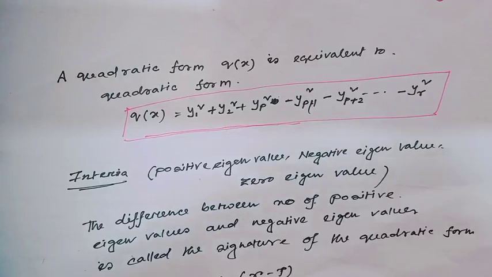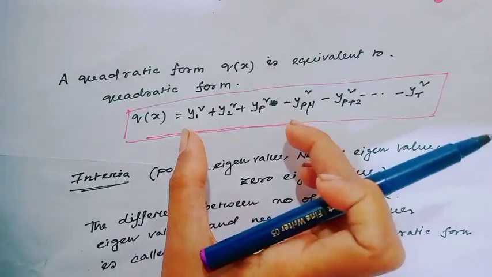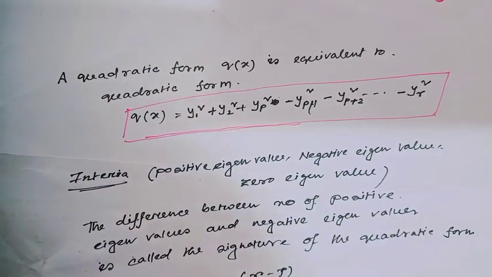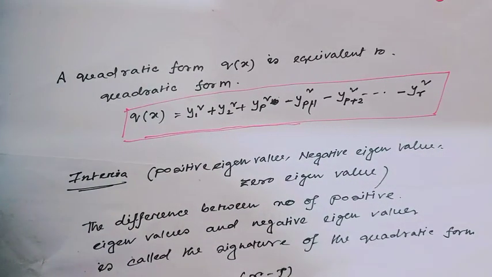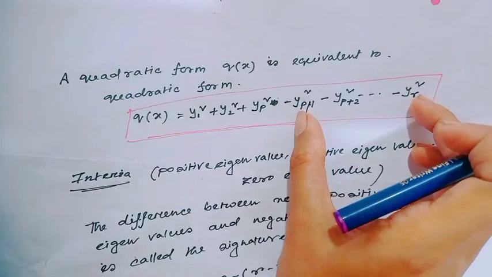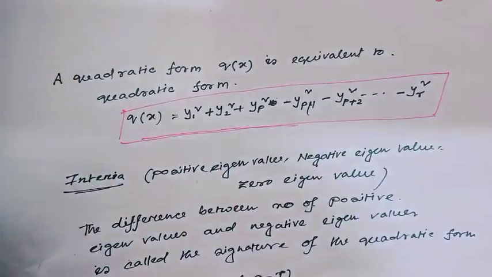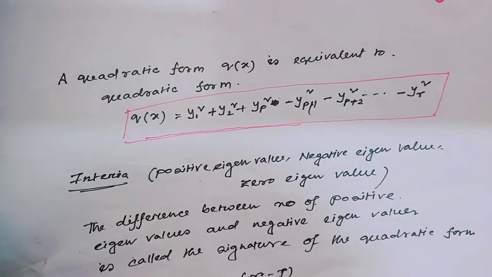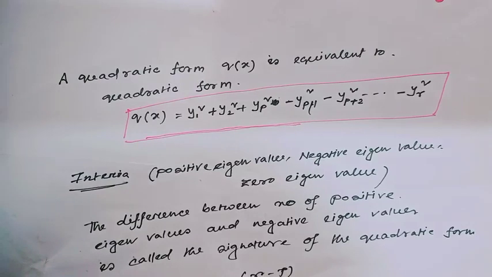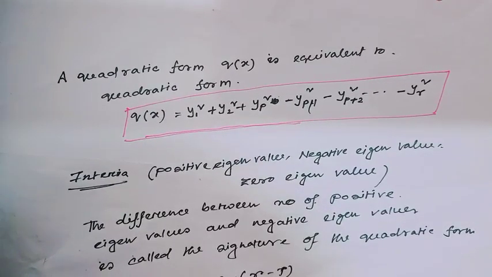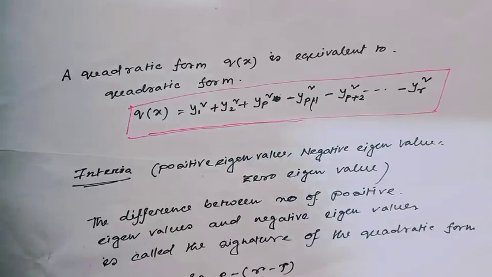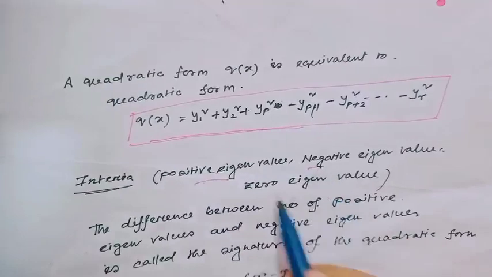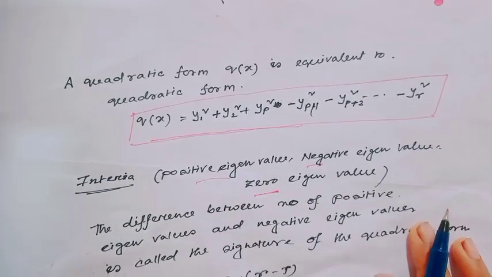Then notice here there exist p positive eigenvalues and r minus p negative eigenvalues, and the rank of this quadratic form is r. There exists a nice concept, inertia. This is the concept of how many eigenvalues are positive, how many are negative, and how many zero eigenvalues exist.